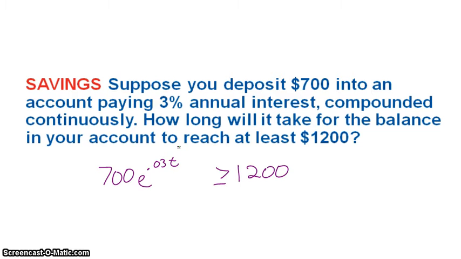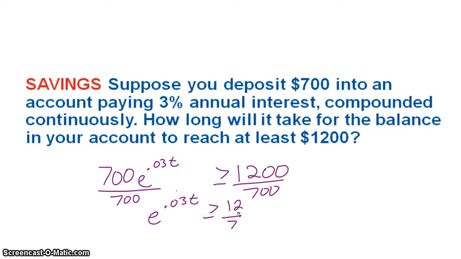I want to get that t all by itself. So first thing we can do is isolate that e. Next thing we do is, since I want to get that t, which is presently in the exponent, I've got to take the natural log of both sides, and remember the natural log of e cancels out, or rather simplifies to 1, and my exponent goes out in front.